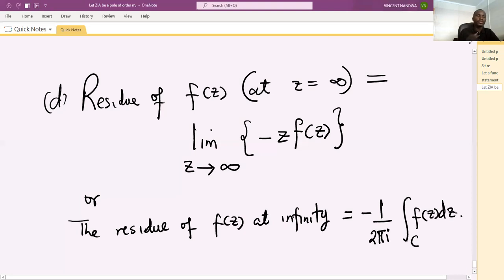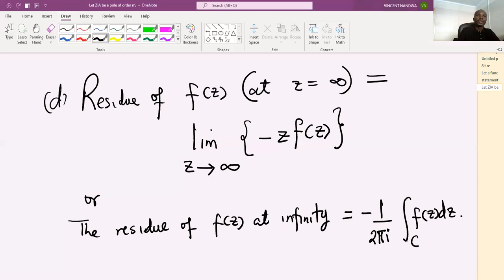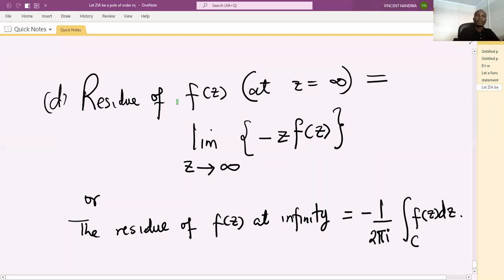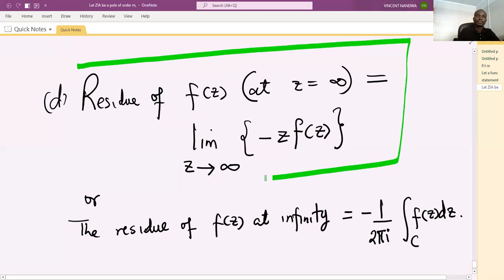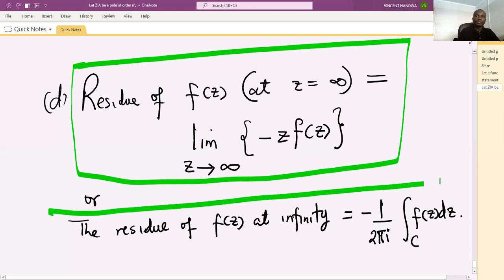So those are the two ways of finding the residue of f of z at z equals infinity. You either use this formula or you use this formula here.